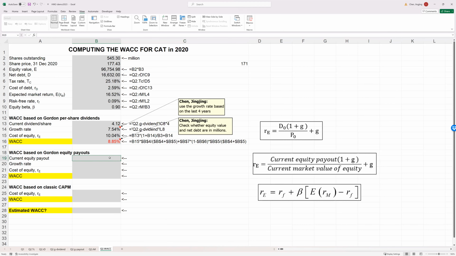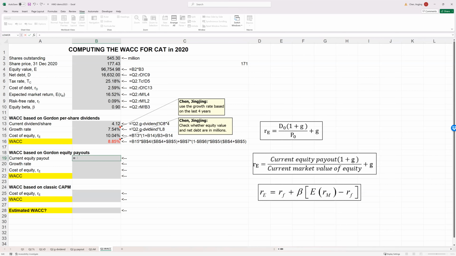And then moving on to the next WACC, which uses the cost of equity based on equity payout. This simply relaxes one of the assumptions that the constant dividend growth model makes. That model can only apply to firms that pay dividends. But if a company does not pay dividends but pays some form of payout like repurchases, we also want to model that.